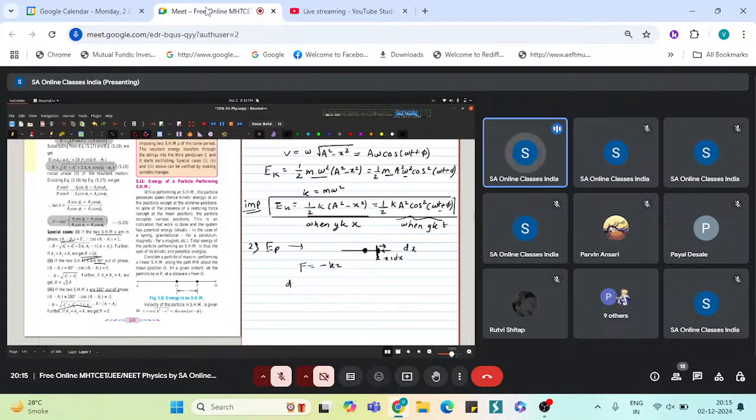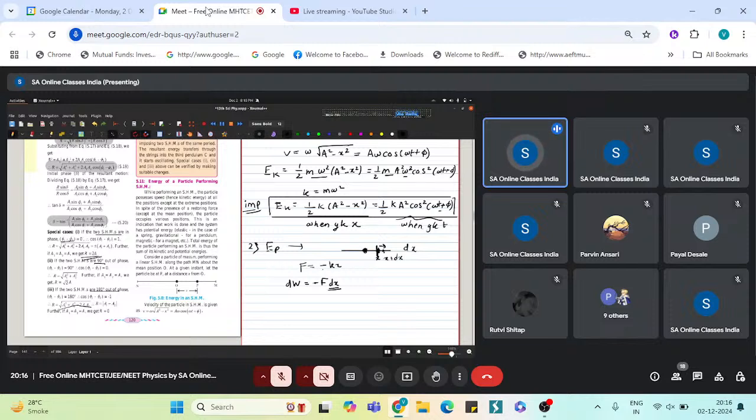And we know that whenever we want to calculate work done by some force, we write that as minus F dx, which is the small infinitesimal amount of work that is performed. Okay, and the minus sign is here because it is a restoring force, or it is stored energy that is applied to do that work, because it is against the force.